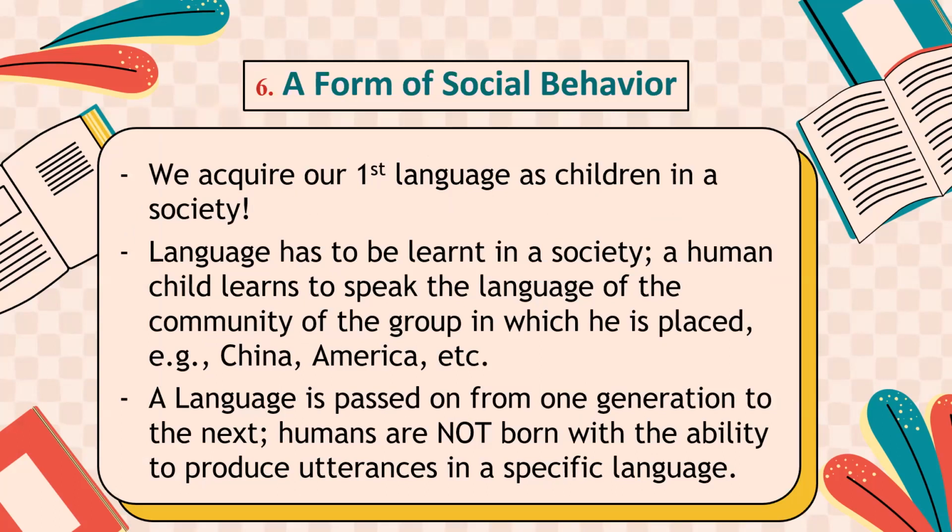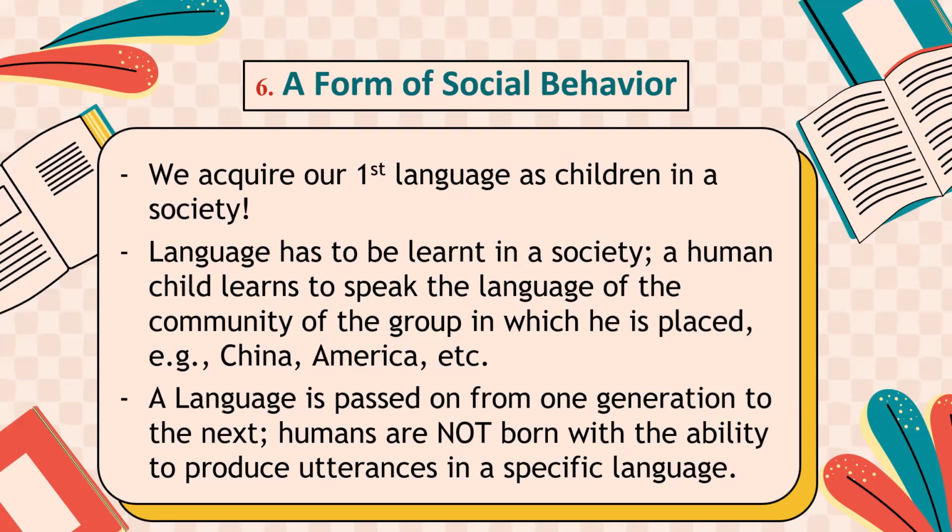A form of social behavior. We acquire our first language as children in a society. We all know this. So when we say a form of social behavior, we mean you have to learn language, right? Language is not something that you inherit from your parents. No. You learn it and you acquire it.